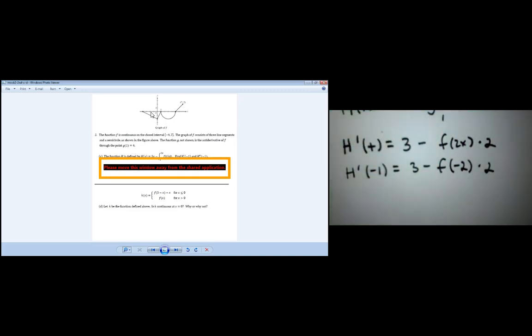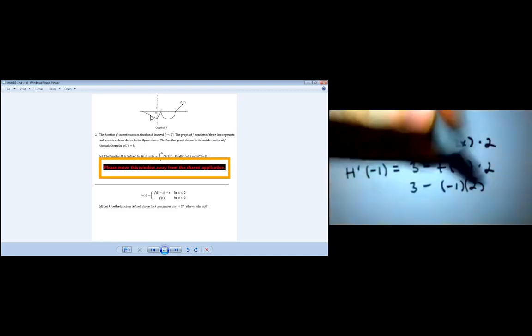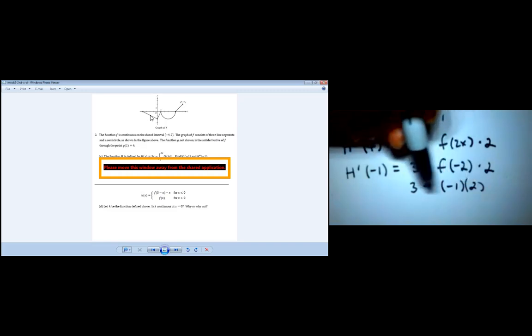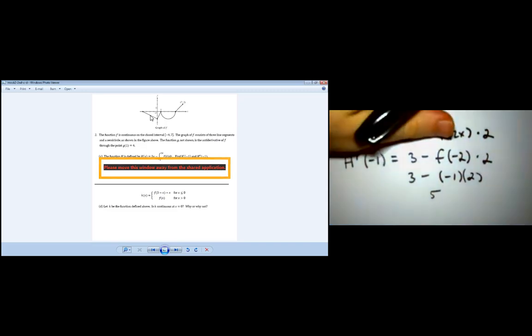So to get to that spot, you can kind of clearly see it's -1, but we can prove it to ourselves knowing that the slope of this line is -1/2, down 1 over 2, down 1 over 2. So by counting that out, you can just say down 1 over 2. So f of -2 is -1. So now that's 3 minus -1 times 2. That's really 3 plus 2. I'm coming up with 5.